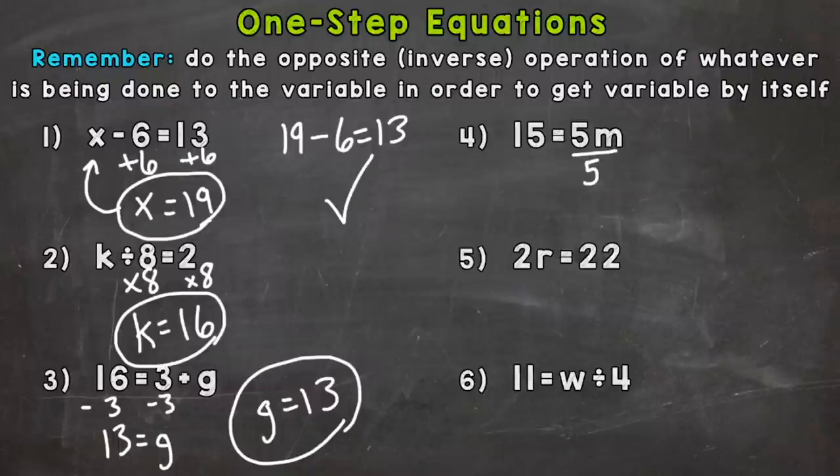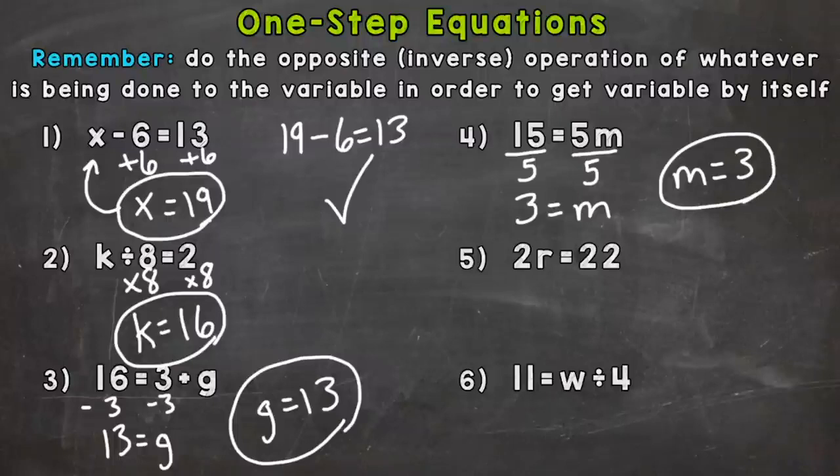That means divide by 5. So do it to both sides. So we have the m by itself, and then 15 divided by 5 gives us 3. So m equals 3. Let's double check. 5 times 3 does equal 15, so we have the correct answer there.